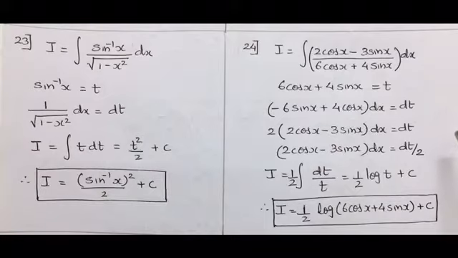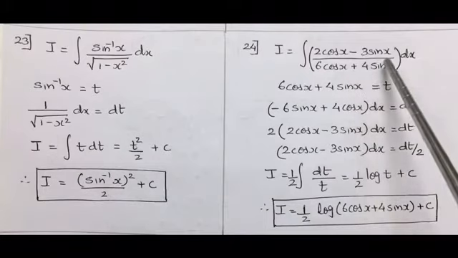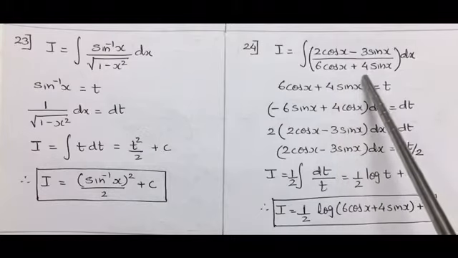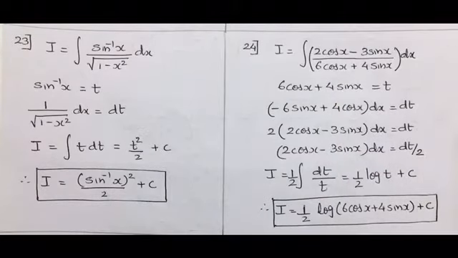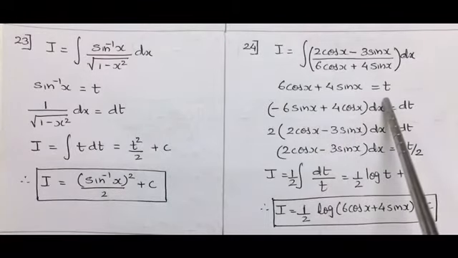Now the 24th one. It is given integration 2 cos x minus 3 sin x divided by 6 cos x plus 4 sin x dx. Now we don't have a division rule of integration. Hence, whatever is written down is to be taken up as t.